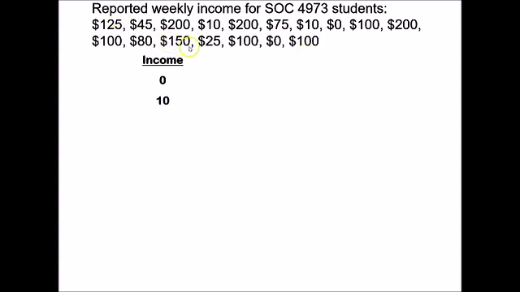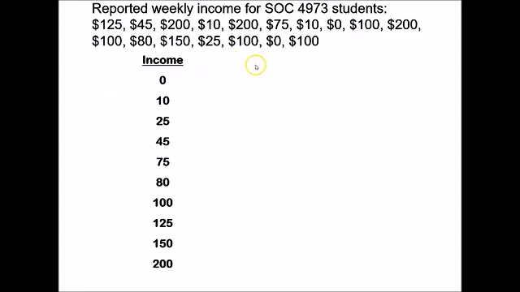We find that there was at least 1 student, actually 2, making $10, and so forth. And so we just list the amounts out there in terms of the attributes for the variable income. And I believe we find that $200 is the maximum amount of income earned per week by any students.